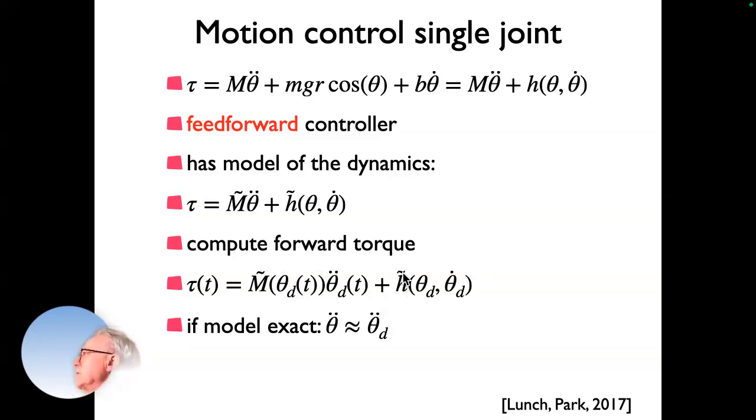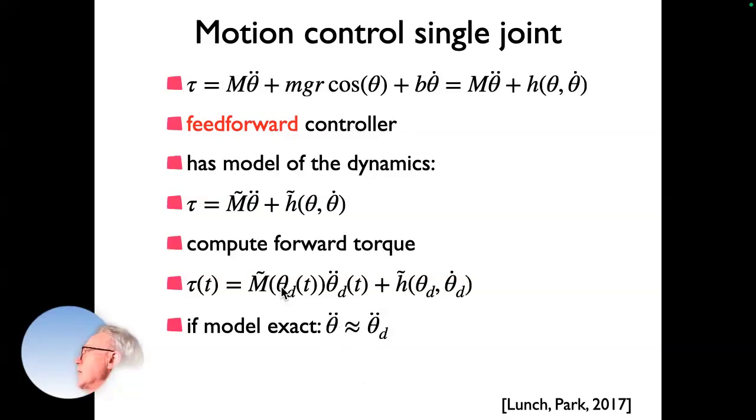And if these models are good, so this M tilde is about like the M, the H is about like what is here, then approximately this term is like that term because my theta is close enough to the desired theta. And similarly, this term is like that term with theta close enough.